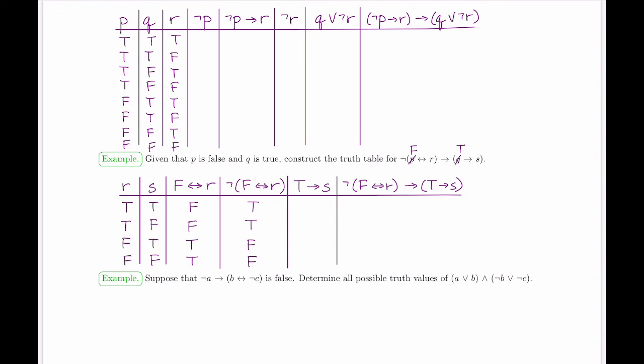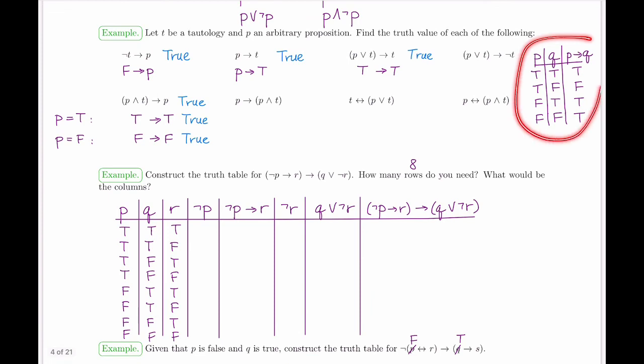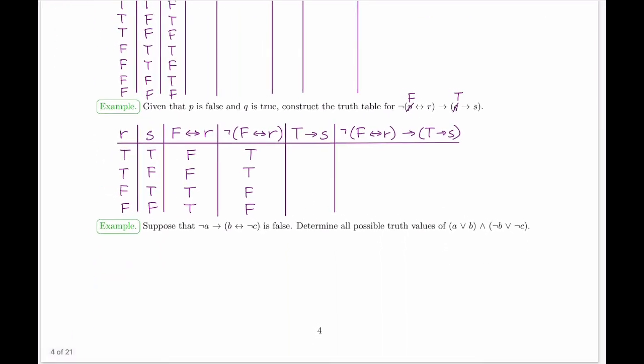Excellent. The next column is true implies S. Remember that the conditional is only false in the case of a broken promise. So it's only going to be false if true implies false, right? Where's our cheat sheet table over here? Right here. The only time that the conditional is false is if we have true followed by false. So what do we have?